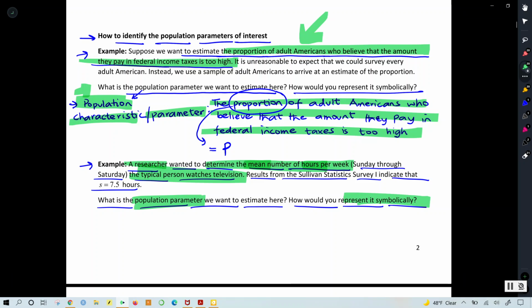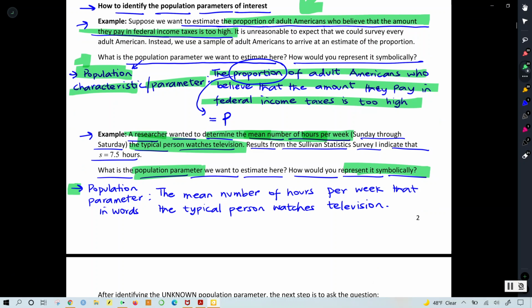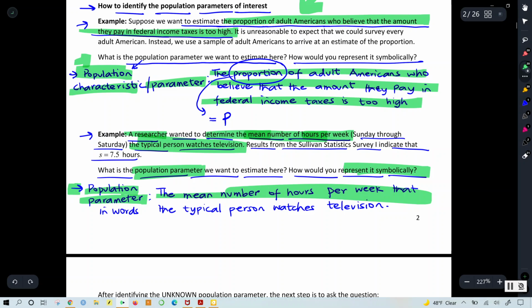Let's write that down too. As said earlier, the population parameter or characteristic would be the mean number of hours per week that the typical person watches television. And this would be represented symbolically as, since it is a mean, mu.